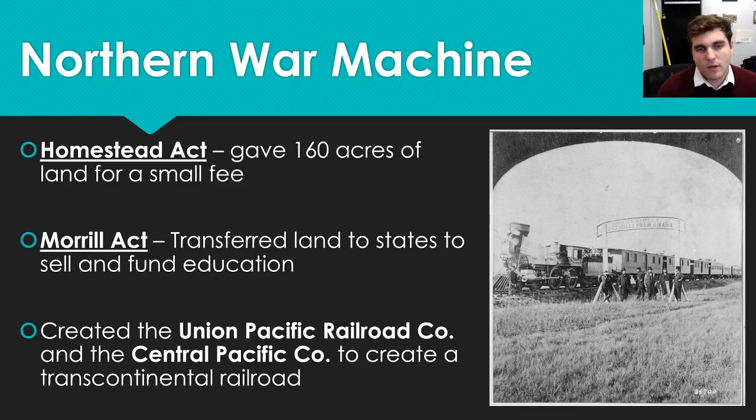So now you're cutting off this southern rail line. In many ways, they're taking advantage of the separation from the south in order to accomplish these tasks that they wanted to accomplish, such as building a transcontinental railroad.